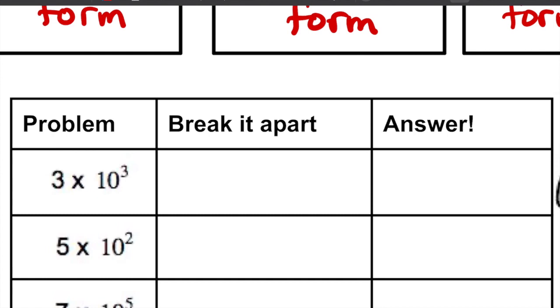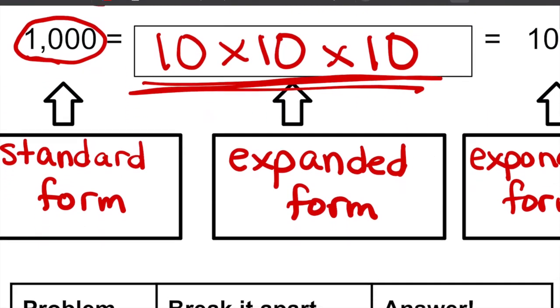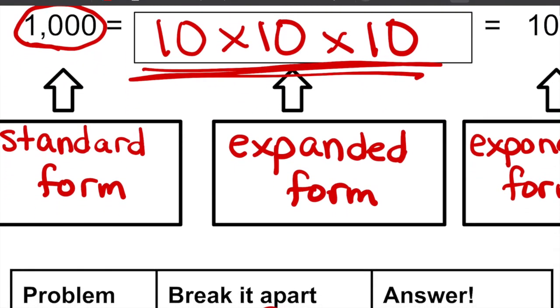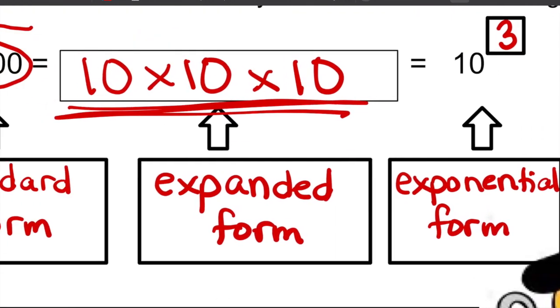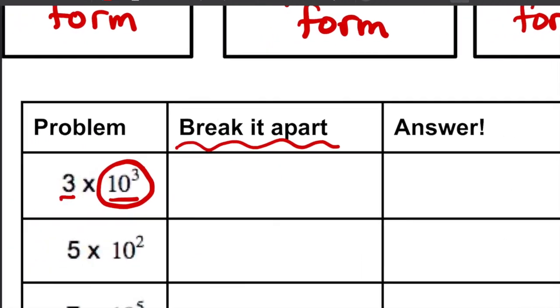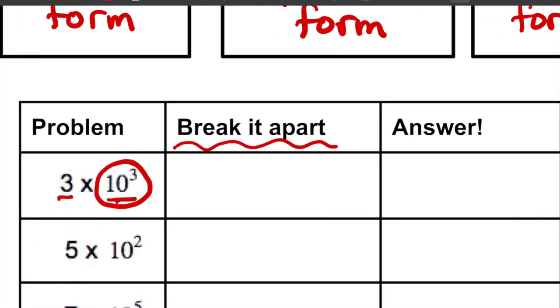This problem now says 3 times 10 to the power of 3. First it says we want to break it apart. So we're first going to focus on this 10 to the power of 3. How will we write 10 to the power of 3 in expanded form? Well, we have a little hint. We already know 10 to the power of 3 is 10 times 10 times 10. Remember, we're multiplying that 10 by itself 3 times.